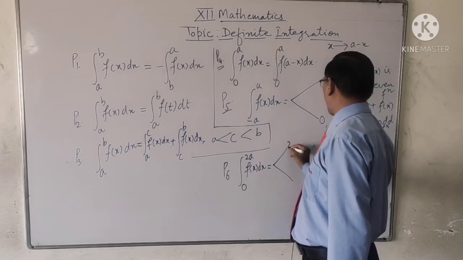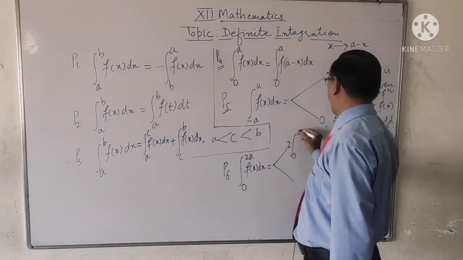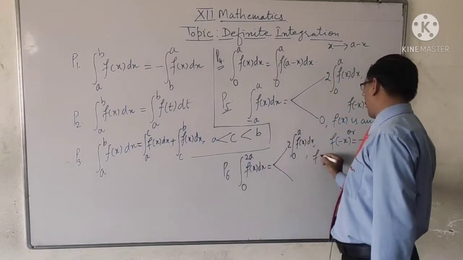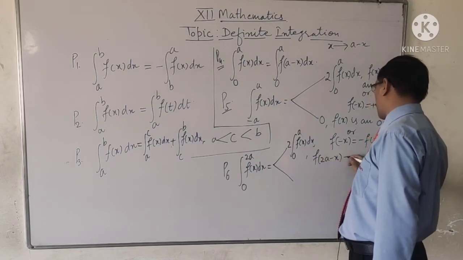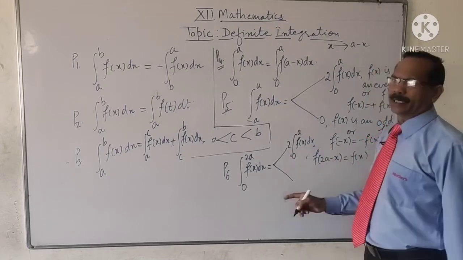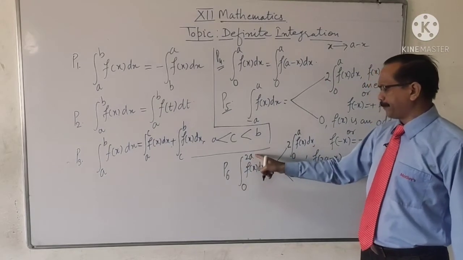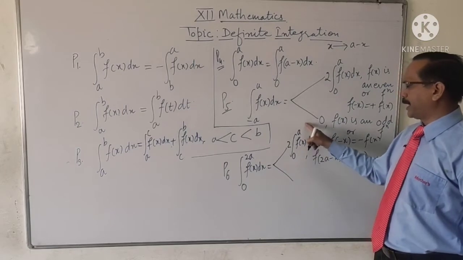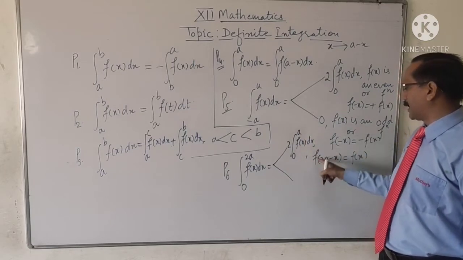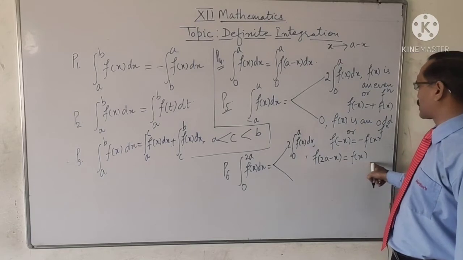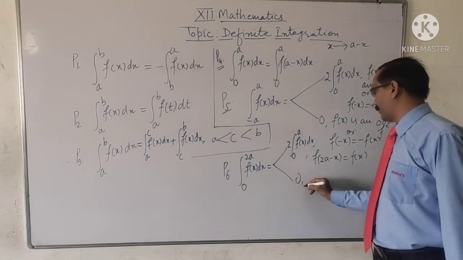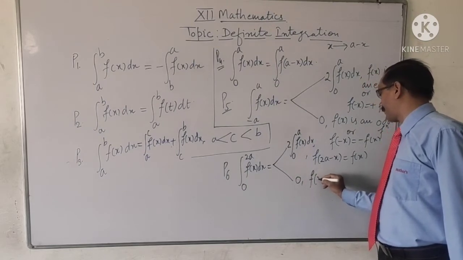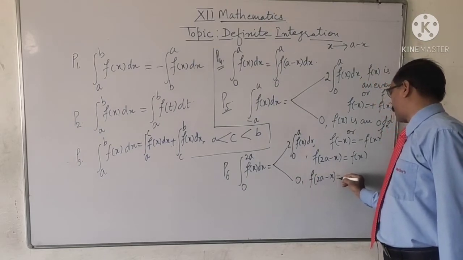It is twice the integral from 0 to a of f(x) dx when f(2a minus x) equals f(x). So the limit becomes half, and the condition is f(2a minus x) equals f(x). And it will be 0 when f(2a minus x) equals minus f(x).